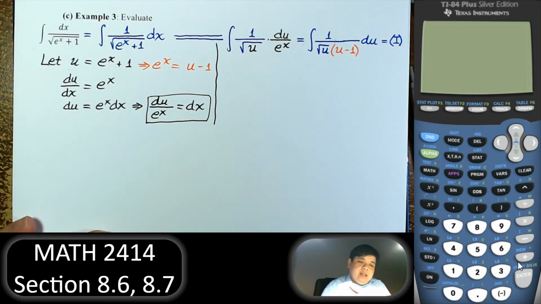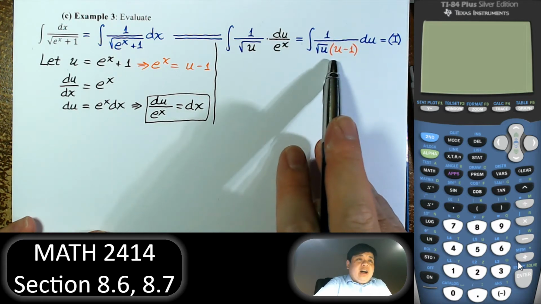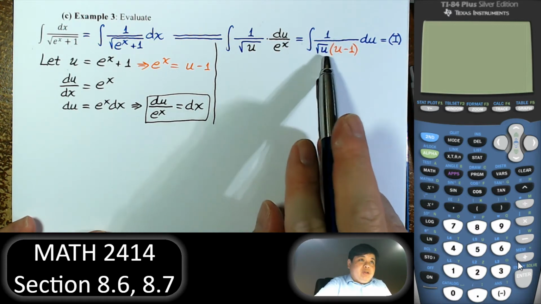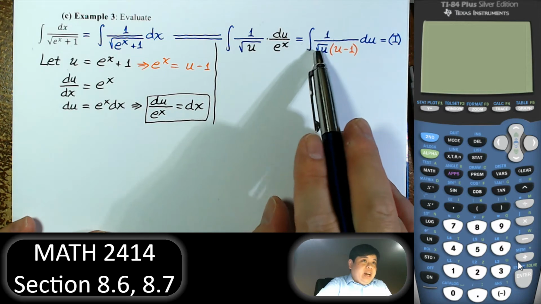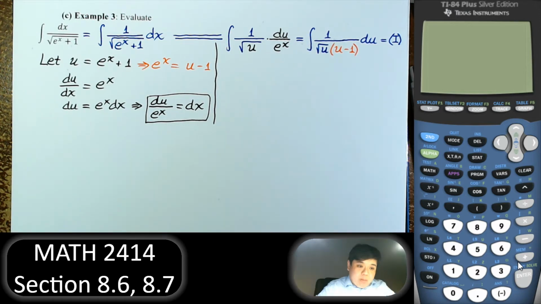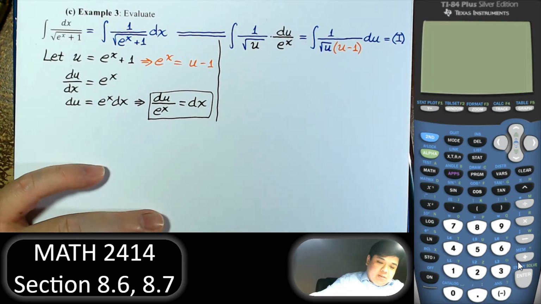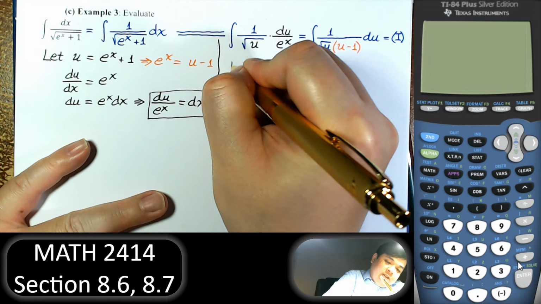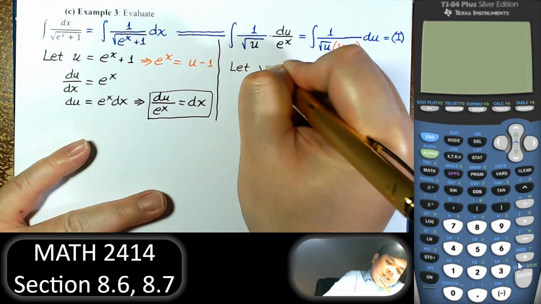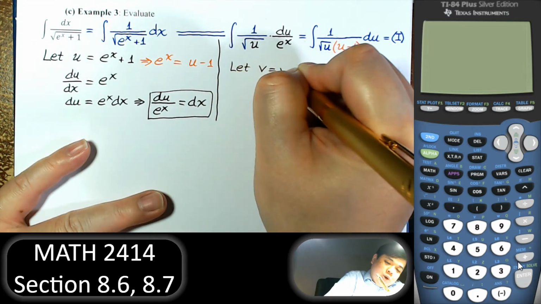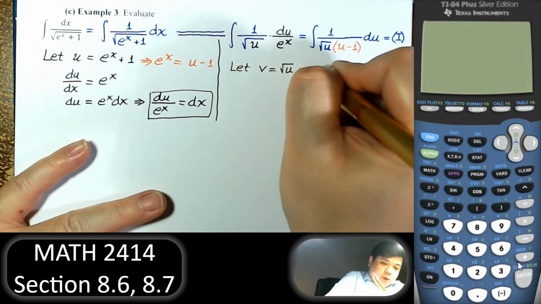But that's not quite it because of the square root. So we have to take care of the square root, so let's just go one more step and do another substitution. Let v equal to the square root of u, or u to the 1/2.